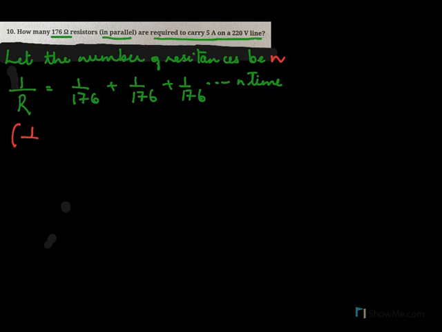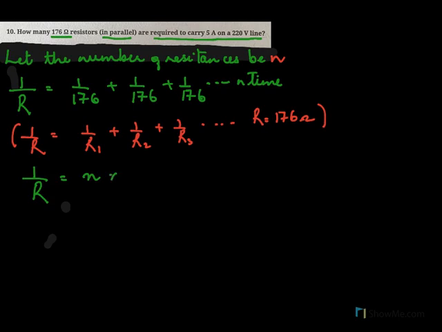Of course, we know the formula: 1/R equal to 1/R1 plus 1/R2 plus 1/R3 and so on, and each of our resistances is 176 ohms. So we have 1/R equal to n times 1/176. This is equation 1.